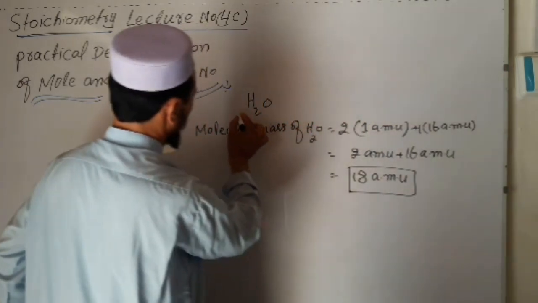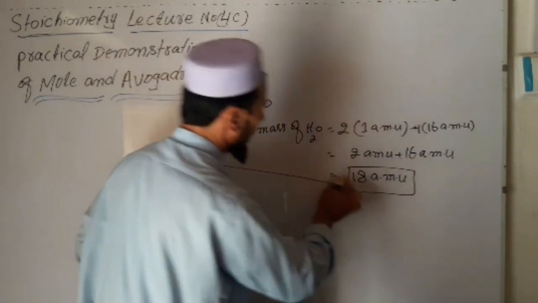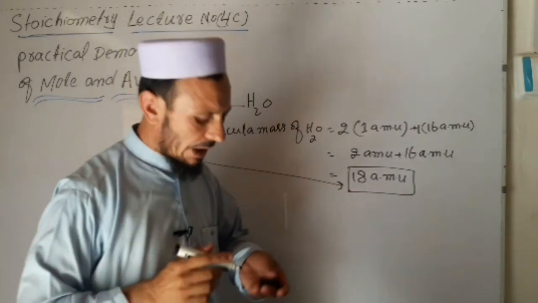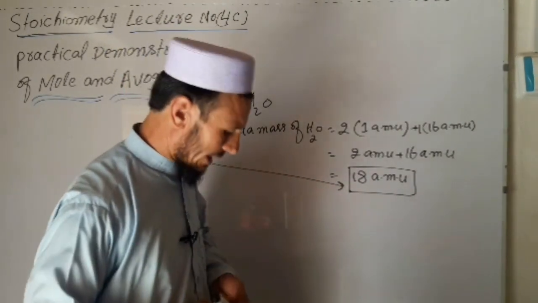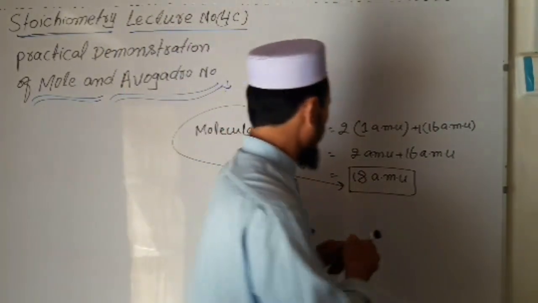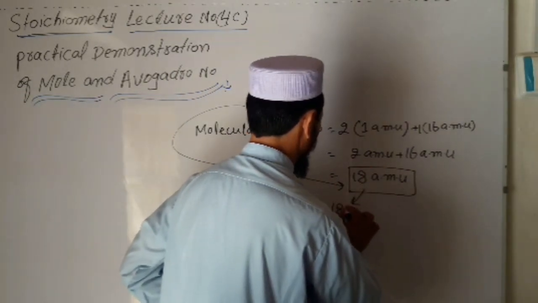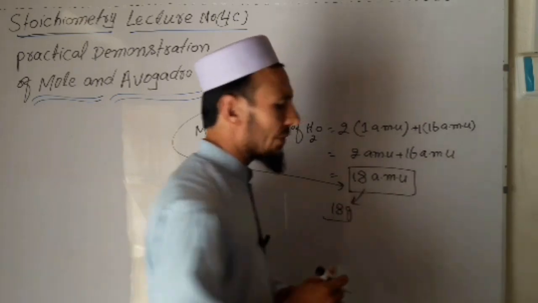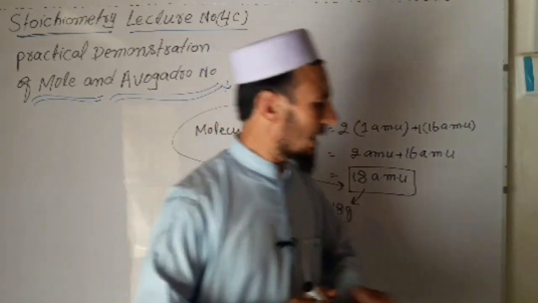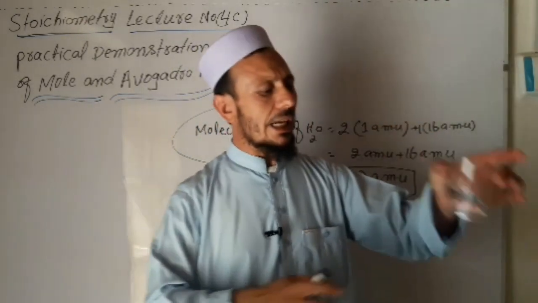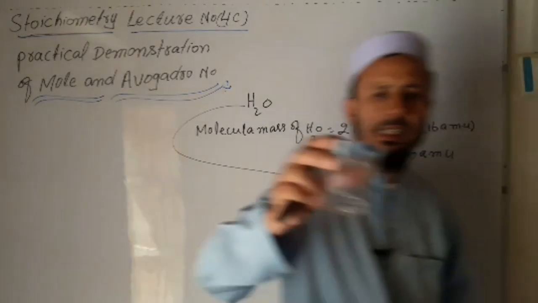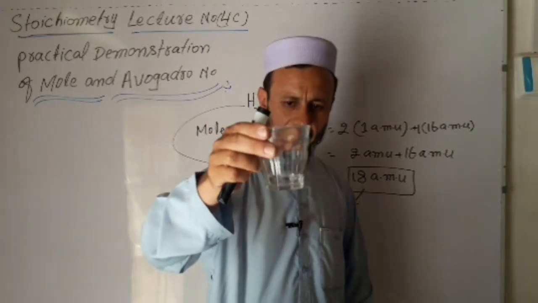Now dear students, this 18 AMU is the molecular mass of water. When this 18 AMU is expressed as 18 gram, then it will be called 1 mole, and this is 18 gram water.